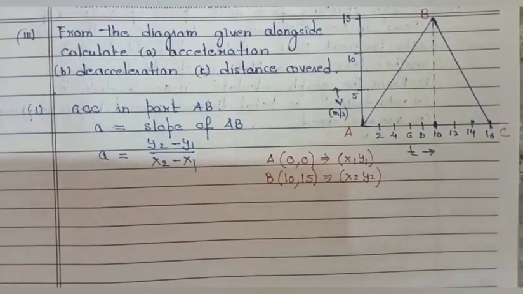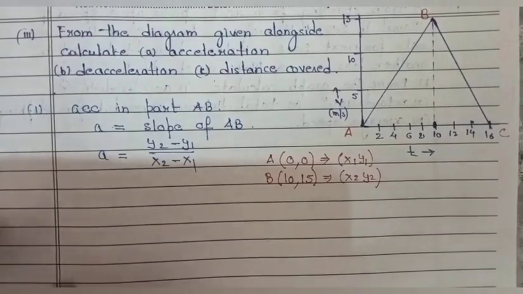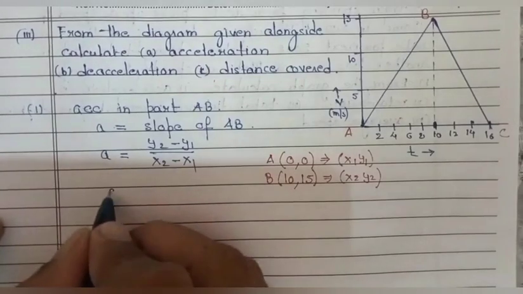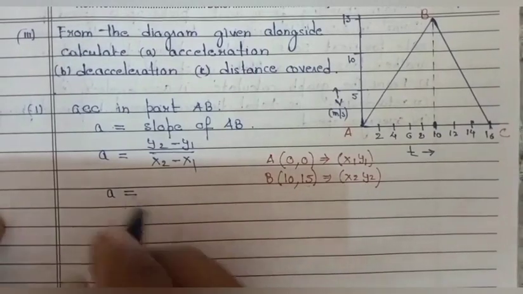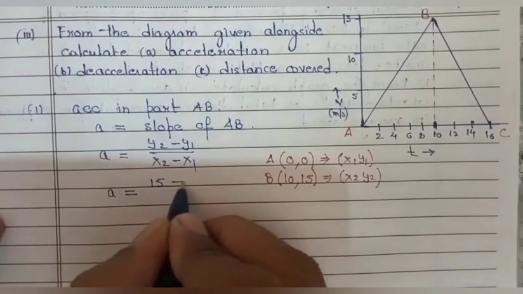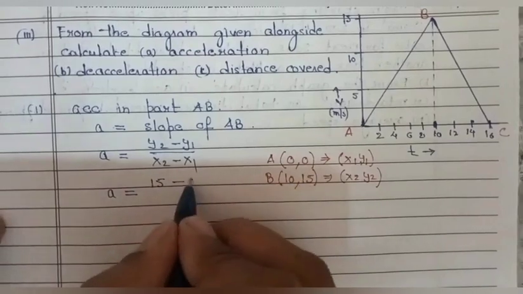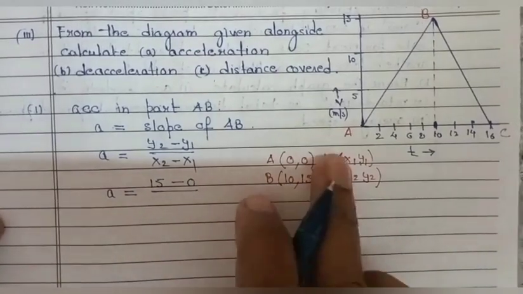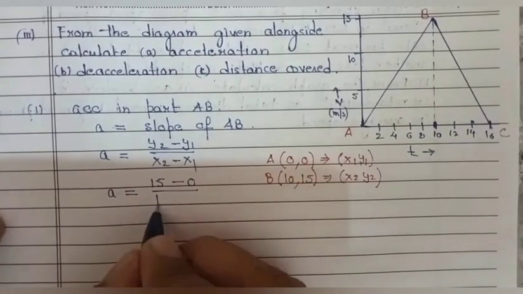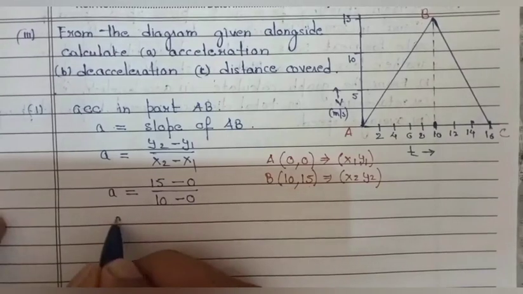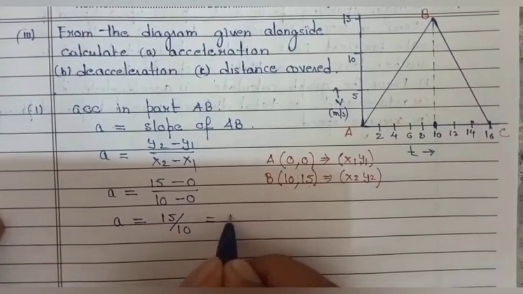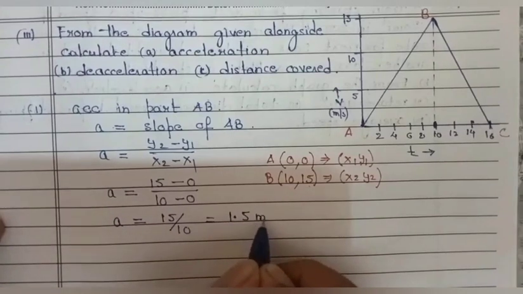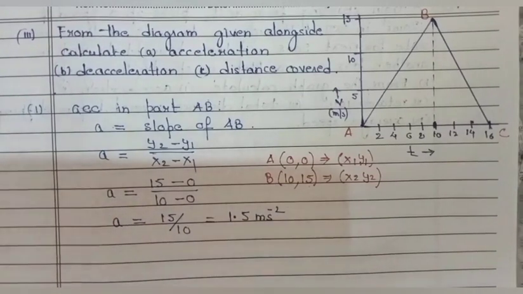Now using these coordinates, we can get the acceleration. y2 minus y1, so y2 is 15 minus y1, that is 0, upon x2 minus x1, so 10 minus 0. So acceleration will be 15 upon 10, that is 1.5 meter per second square. So we have calculated the acceleration.